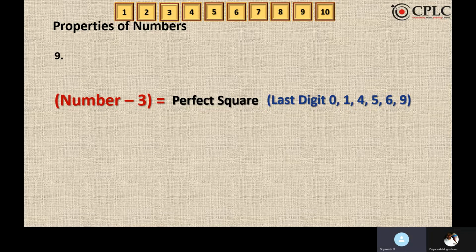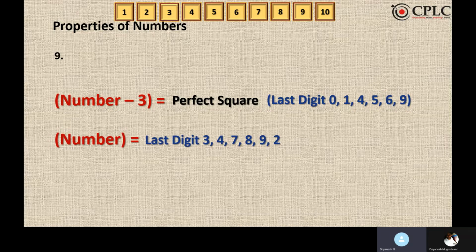Now we were wanting to find out the last digit of the number. So the only thing that we'll need to do is shift that 3 to the other side. So it becomes plus 3. And 3 being a single digit will be just simply added to the last digit of the perfect square. So the last digit of the number has to be either 3 or 4 or 7 or 8 or 9 or 2.